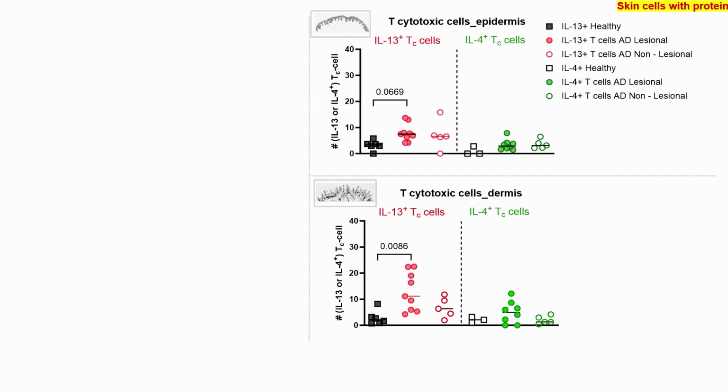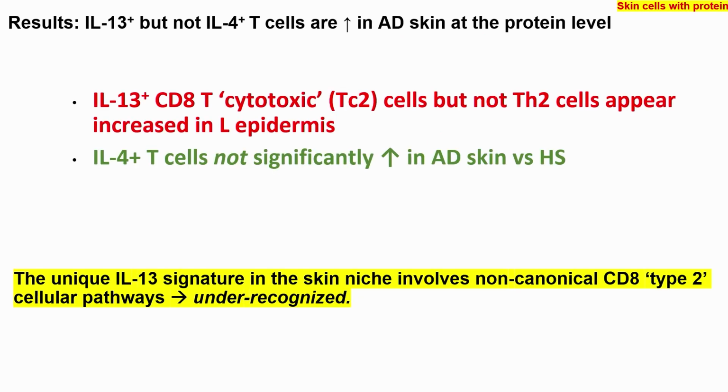Again, with our favored cell, these cytotoxic T cells, if we look at the epidermis, really this is the target, right? The epidermis is where all the biology is happening in our atopic patients. We see that there's an increase in these IL-13 positive cytotoxic cells, and they're increased as well in the dermis, again showing the IL-4 population flat.